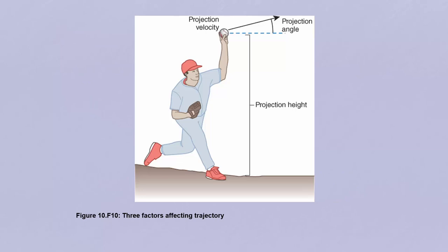So going back to, say, baseball, because we know that during baseball pitching, the angle of release is at or close to zero. If you do the math, we know that the resultant velocity is going to be pretty close to the horizontal velocity. Actually, let me rephrase that.